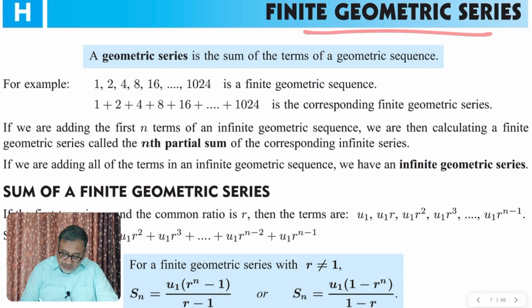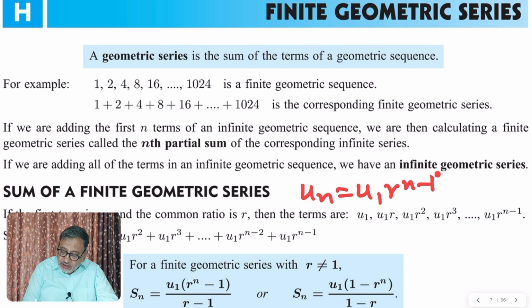The formula for the finite geometric series will be Sn is equal to u1 into bracket r raised to n minus 1 over r minus 1. Remember that in the un formula we use u1 r raised to n minus 1. Here we write n minus 1, but in the Sn formula we use n.